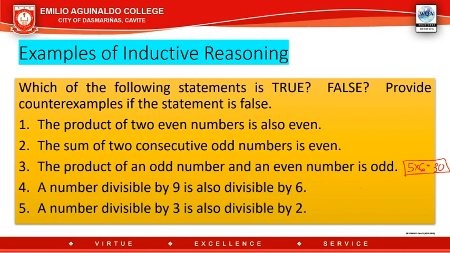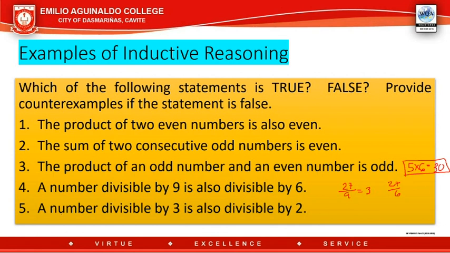Next, a number divisible by 9 is also divisible by 6. Let's say that 27 is divisible by 9. Is 27 divisible by 6? The answer is no, because 27 divided by 9 is equal to 3, but 27 divided by 6 leaves a remainder: 4 remainder 3.